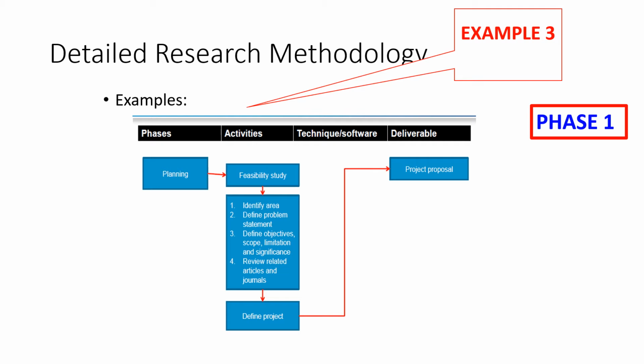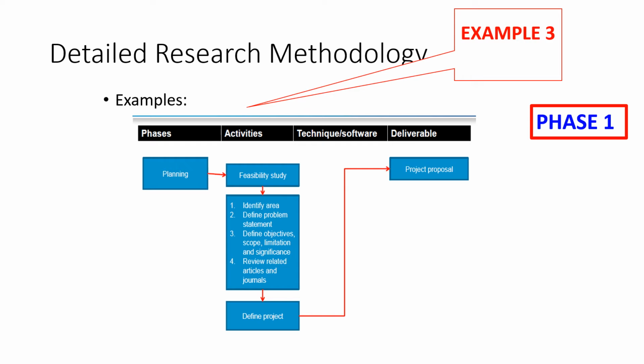For example, phase one is planning, and the activity for phase one is a feasibility study. What are the activities that would be carried out under the feasibility study? You list them out here. Then you specify the deliverable.